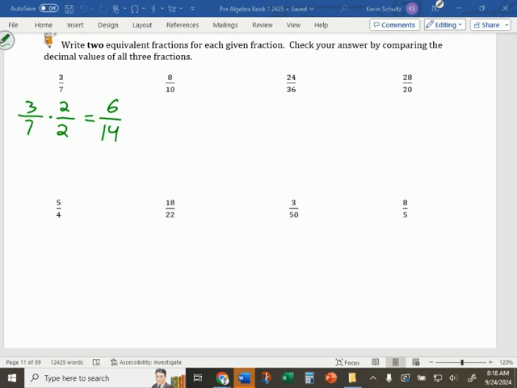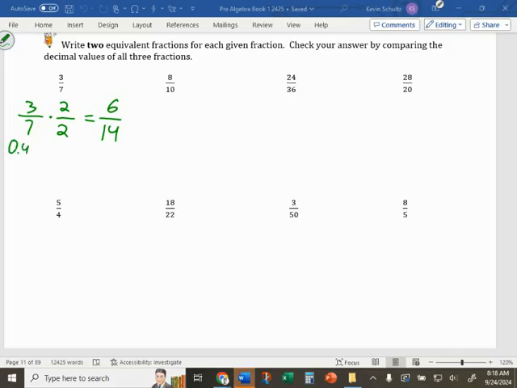This is how you can prove that equivalent fractions have the same value. 3/7. What operation does a fraction represent? Division. So in your calculator, I want you to take 3 divided by 7. And you get approximately 0.428.